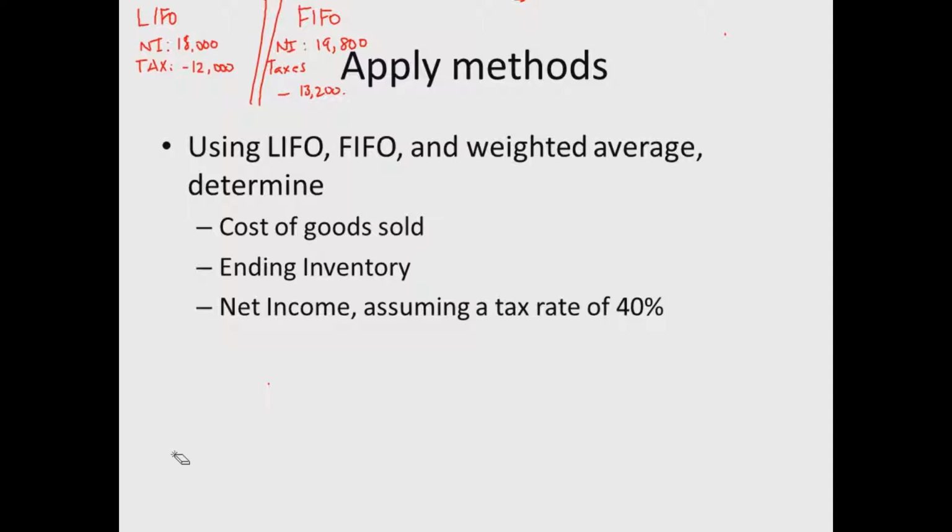Okay, the other thing you need for LIFO to work out the way I'm describing is also inventory. You can't drop your inventory levels. So let's suppose you have some really old stuff in your inventory, not literally old, but old prices.